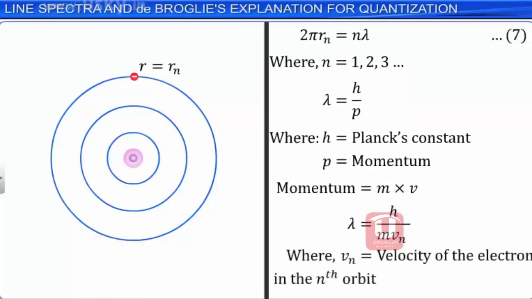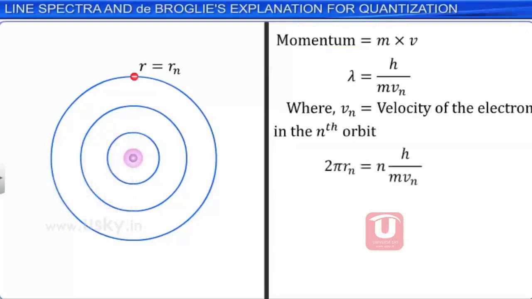Substituting the value of λ in equation 7, we have 2πRn is equal to nh by mvn. Rearranging the equation, we get mvnRn is equal to nh by 2π. Let this be equation 8. Thus, the angular momentum of an electron is quantized. The quantized electron orbits and energies are due to the wave nature of the electron. Equation 8 is nothing but Bohr's second postulate.